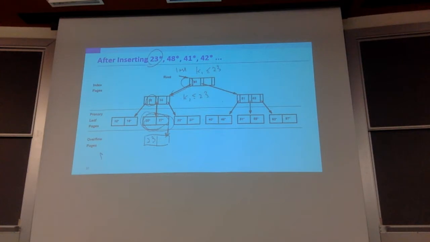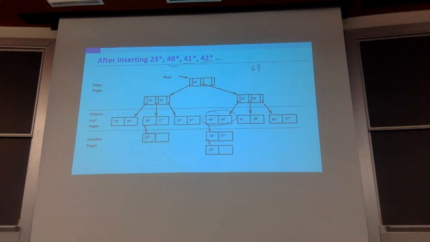If you do this again and again, you end up with something like this. Your 23 is going to end up in this overflow page, and if you insert 48, 41, 42, they all end up in this page, and there's no room for them, so you create multiple overflow pages and form a chain. Suppose in this ISAM tree I'm searching for 48.